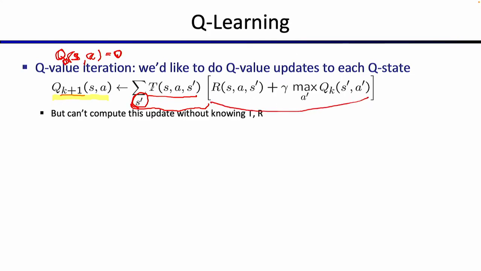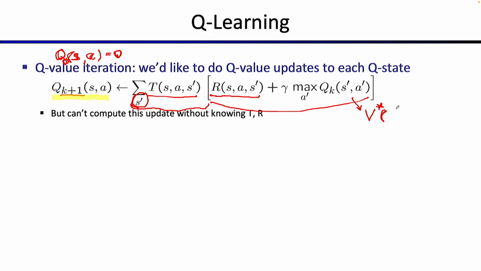And for this particular transition occurring, we've used a combination of the instantaneous reward that you've gotten for this transition plus the discounted future reward or discounted value.